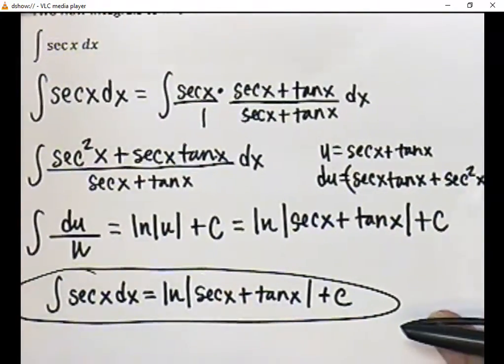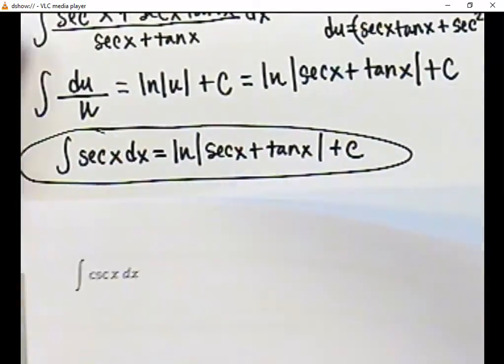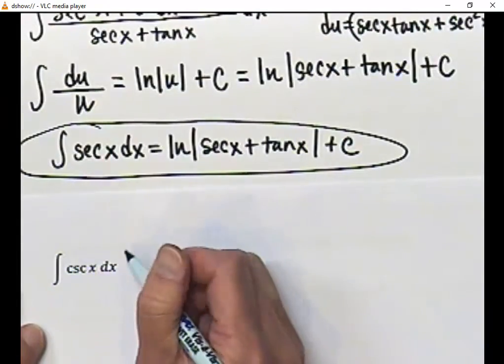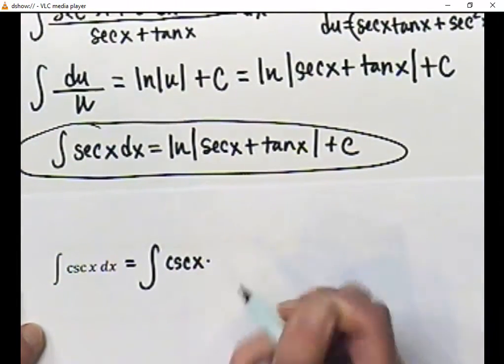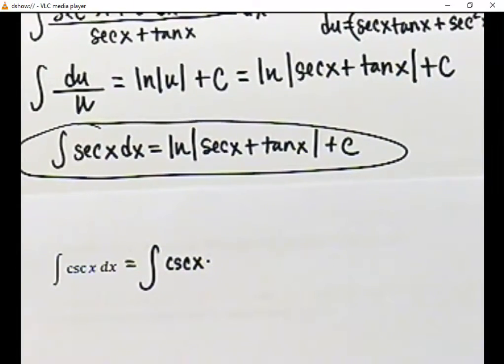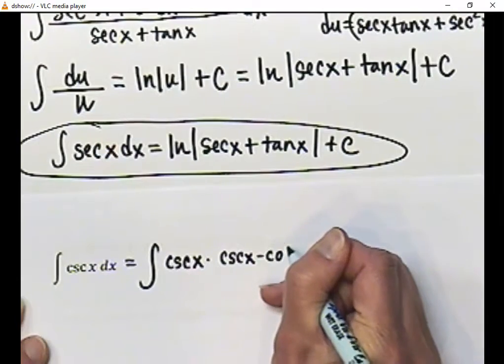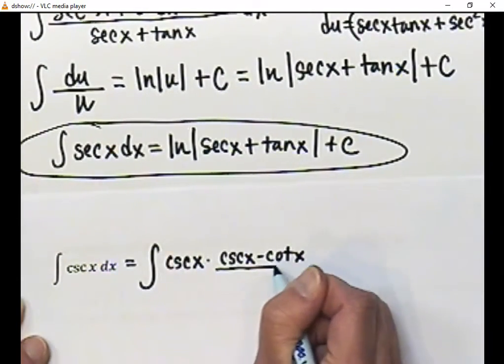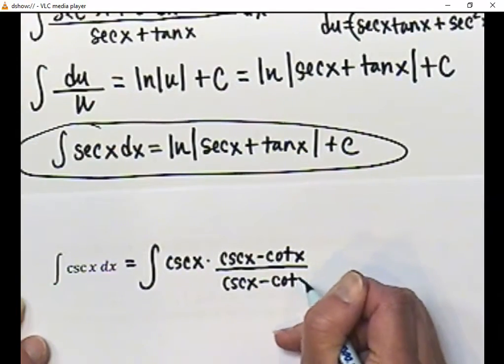The last one is cosecant, and you can do something kind of similar. You can multiply by a fraction here that also comes up with a clever result. So here what we're going to use is cosecant x minus cotangent x in the numerator and denominator.